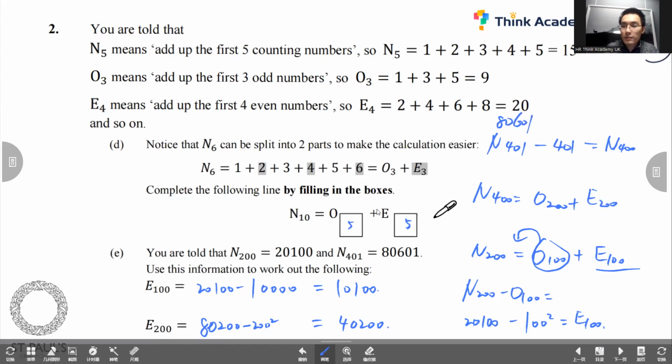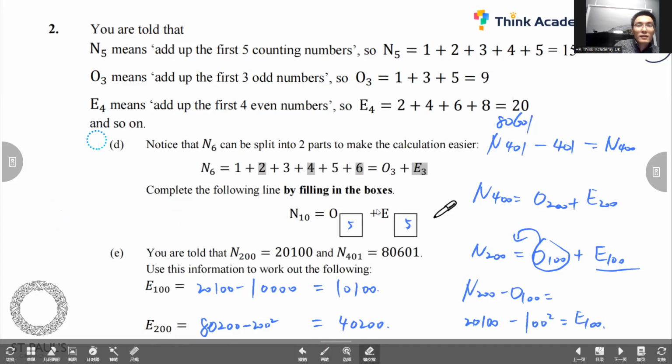So 80601 minus 401 equals N400, which is 80200. And then take away O200. O200's value is simply 200 squared. So it will be 80200 minus 4 followed by 4 zeros. This is 200 squared. Sorry, I always write 5 zeros. And the answer we can get through observation is 40200. That's how we got the answers for question E.